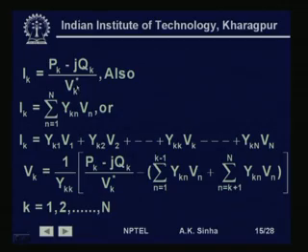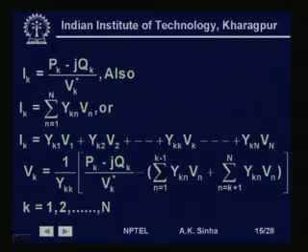That is, instead of writing P k plus j Q k, if we take the conjugate of that, then P k minus j Q k will be equal to V k conjugate I k. Therefore, we can write I k is equal to P k minus j Q k divided by V k conjugate.